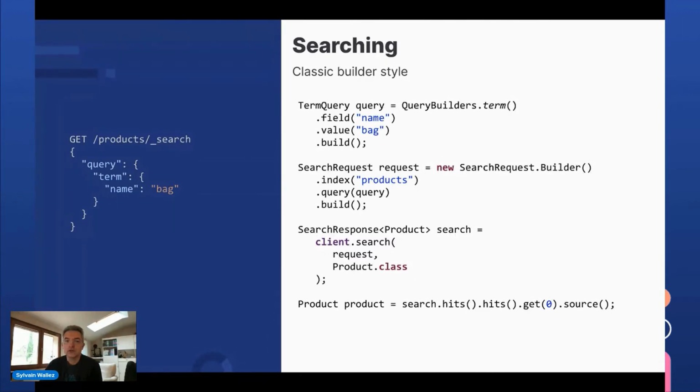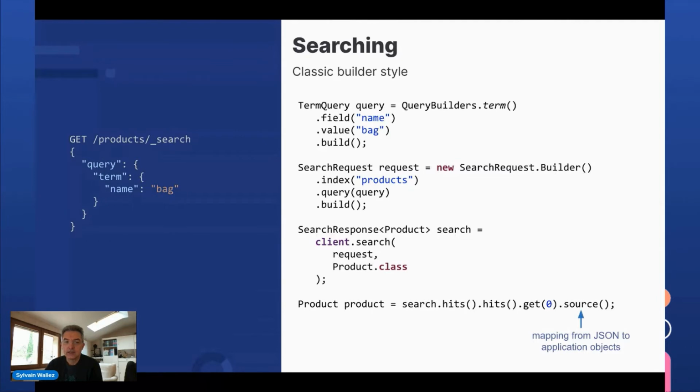And from there, we create a search request, configure it saying we want to query the index, product index, set the query, and then finally, we send our search request. So the important thing here when we get the results is that we specify in the search call that we want a product class.